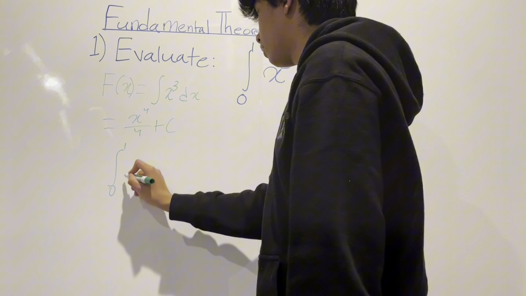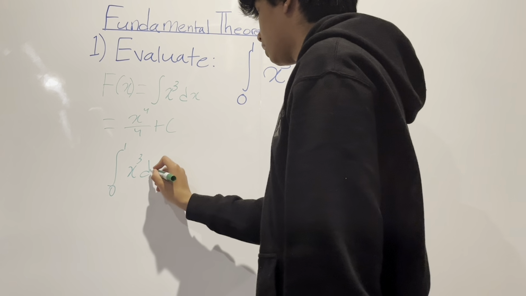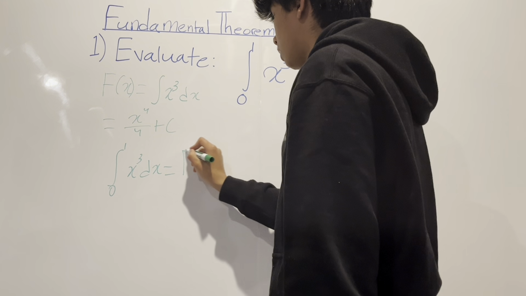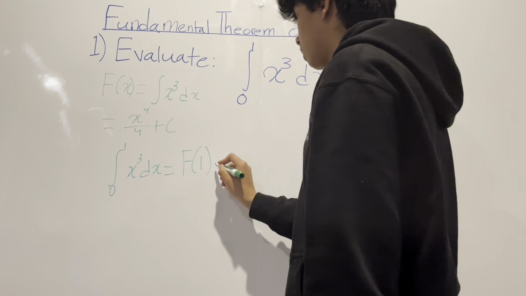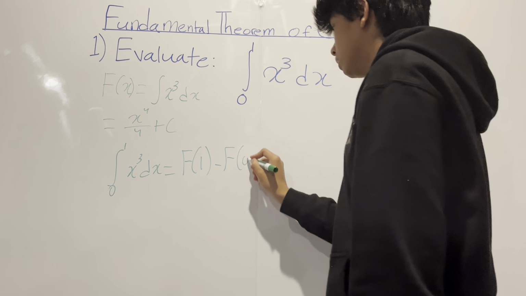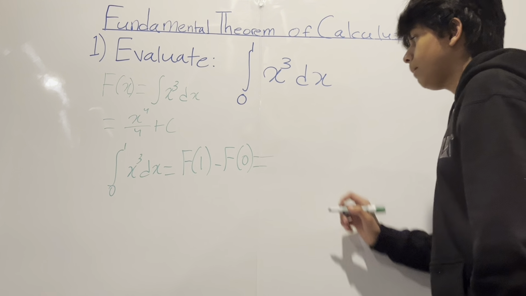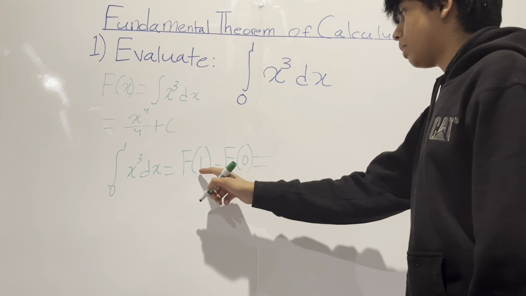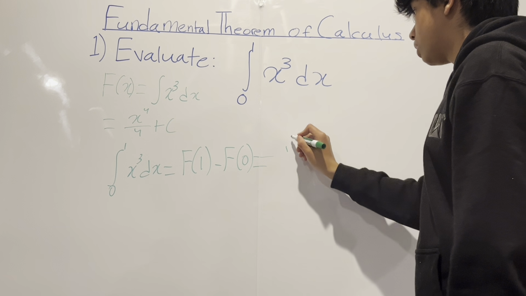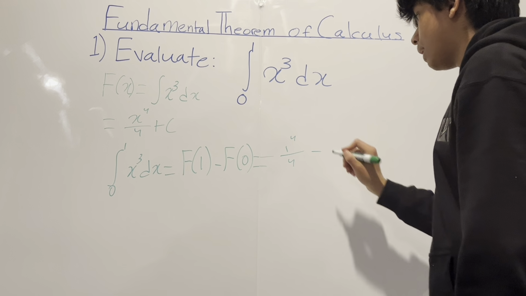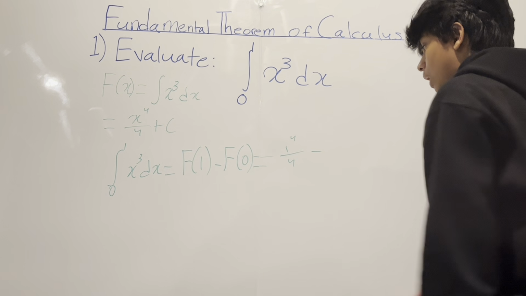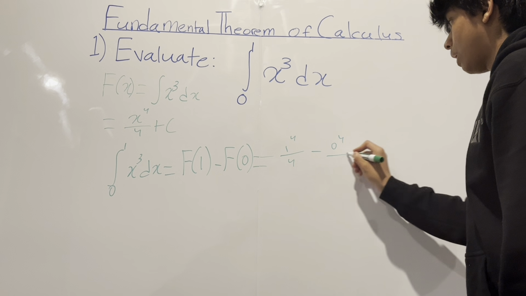The integral from 0 to 1 of x to the 3 dx equals F of 1 minus F of 0. Now let's substitute 1 and 0 into our new function. If we plug in 1, we'll get 1 to the 4 divided by 4, minus, if we plug in 0, we'll get 0 to the 4 divided by 4.